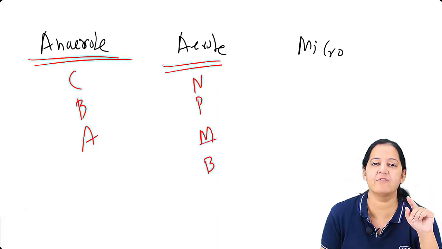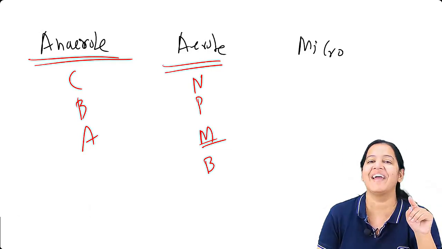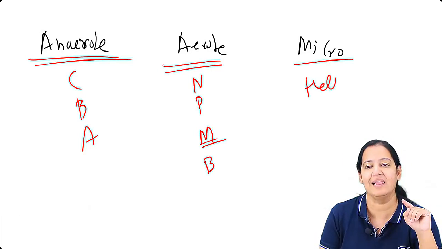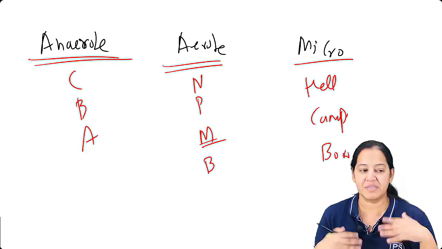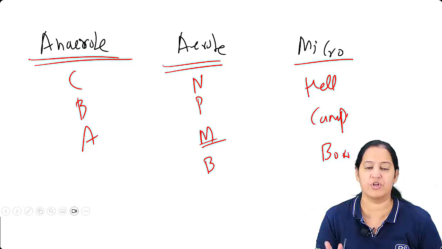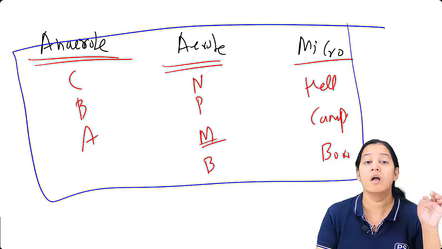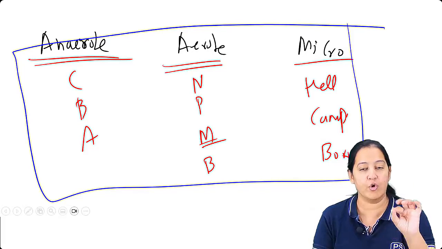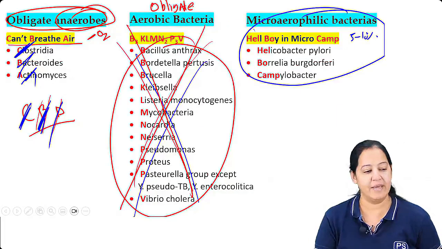You know the meaning of must: they have to breathe, otherwise they will die. And microaerophilic: Hell, Camp is Boring. So try to say the full form. You get many questions. Either you will get a direct question or a big clinical question in which you will have a clue that there is an obligate aerobe or obligate anaerobe. So these mnemonics will be very useful for you. Believe me. So can we proceed?